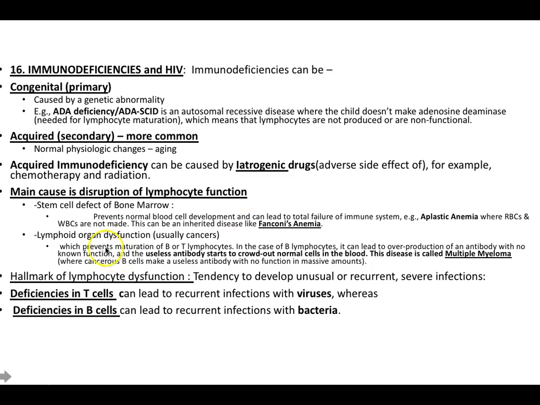Another way to disrupt normal function is to have the lymph node or the cells in the lymph node become neoplastic. And the one that I want you to know for the exam is multiple myeloma. Multiple myeloma is a fatal cancer in which the B cells start producing an abnormal antibody that really has no function, but the B cell that is cancerous is going to grow and divide and crowd out everybody else.